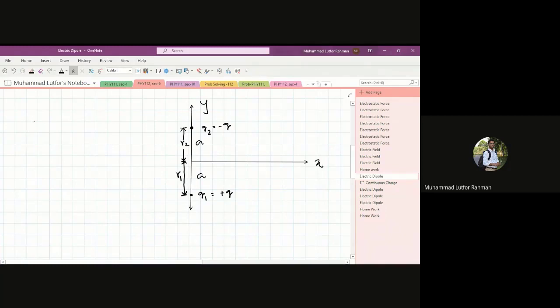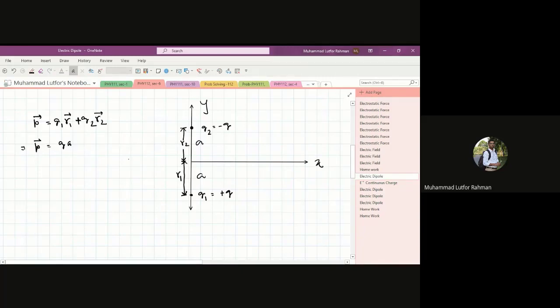Fine, I can write that the electric dipole moment would be Q1 R1 plus Q2 R2, which is the general definition of the electric dipole. I'm writing in that form. Then this P, Q1 is plus Q, right?